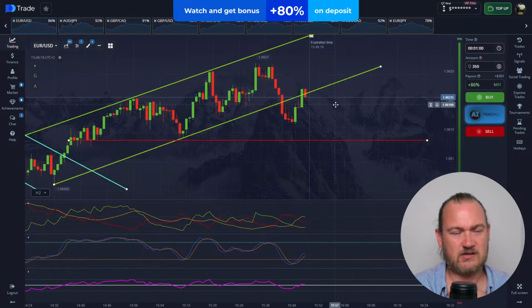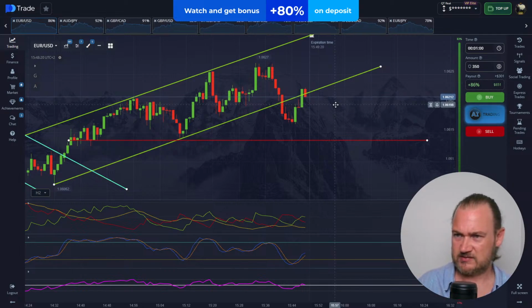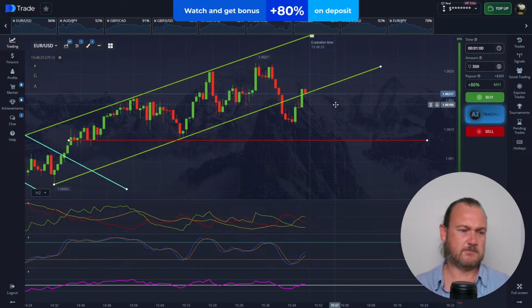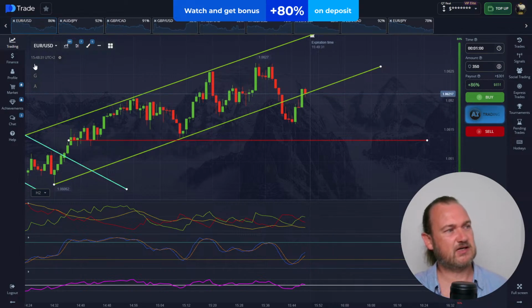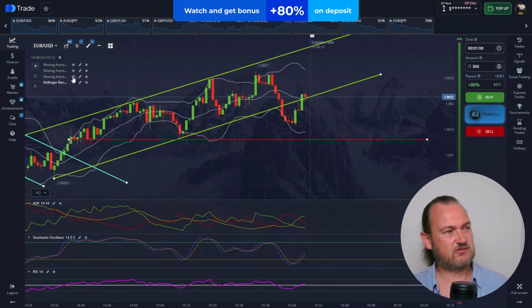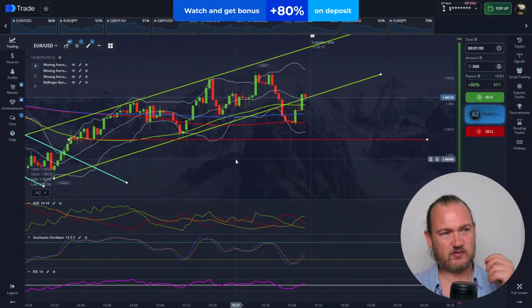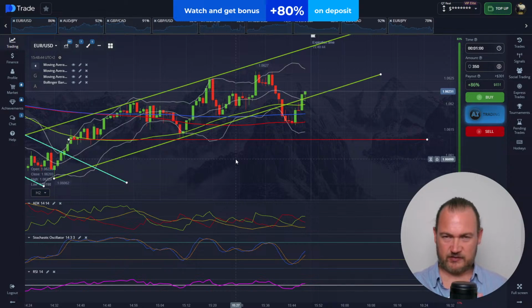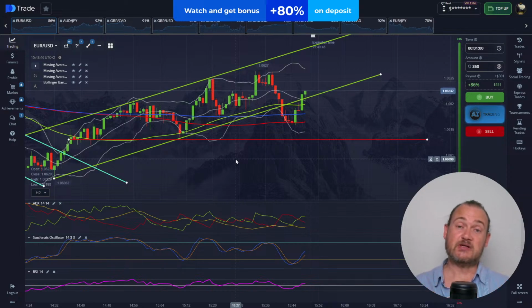Okay, I think this is a good place. We've been going for a while, so I think this is a good place to stop for the day. We covered channels and trend lines and so forth, how we can use them to identify areas of higher probability trades.